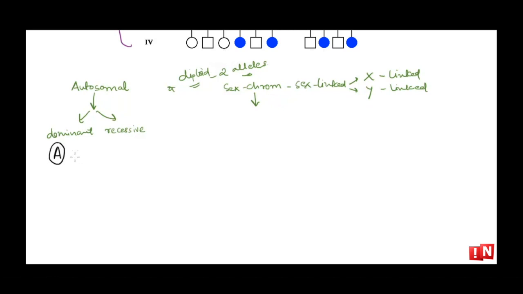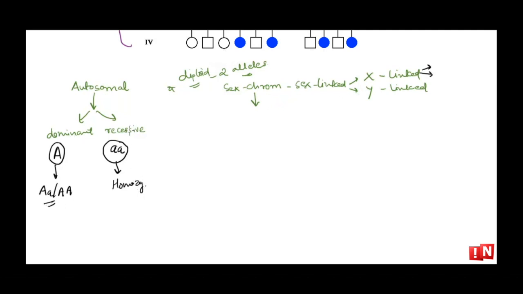In that case it is dominant, where only one allele is going to express the disease. And in case of recessive, there have to be two alleles present for that particular disease. There have to be two alleles to show the characteristic. So for dominant it can be heterozygous or homozygous condition, either is going to give us the disease. For recessive it has to be in homozygous condition to show the disease.